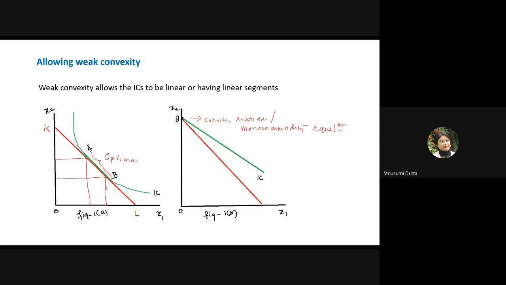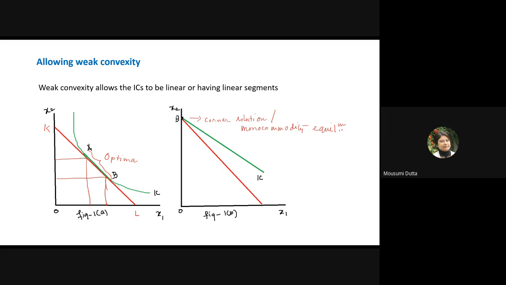Rather, we are getting a number of solutions which are equally likely. If the indifference curve merges with the budget line, in that case we are getting a number of optimum solutions. Okay, so we are getting optima along the entire straight line stretch of the indifference curve AB in figure 1a.